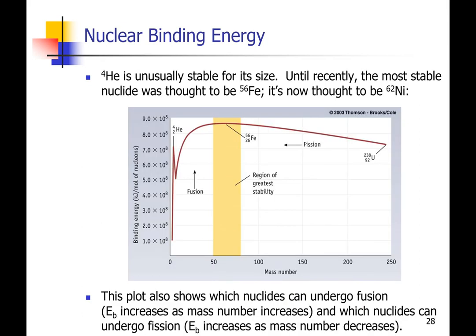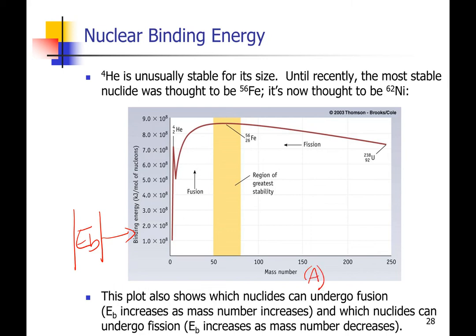This is a graph comparing the binding energies per nucleon. So this y-axis here is in binding energy, and the values have all been made positive, so it's actually the absolute value of the binding energy per nucleon for a bunch of different isotopes, all sorted by mass number.